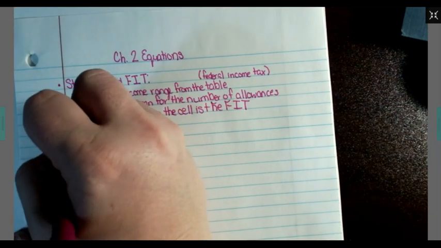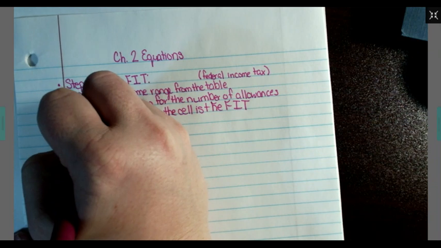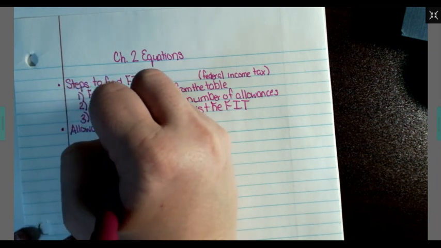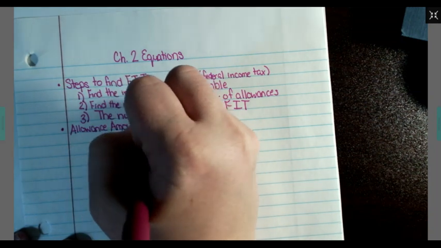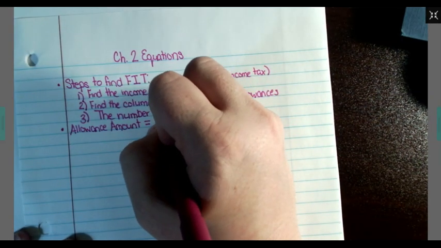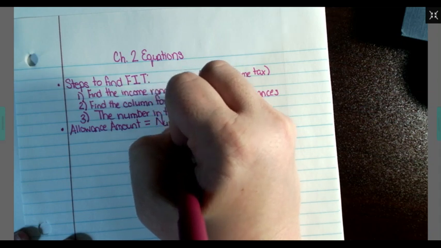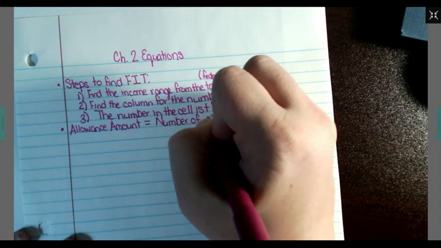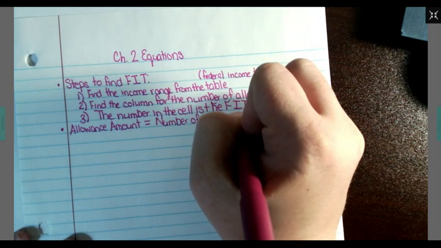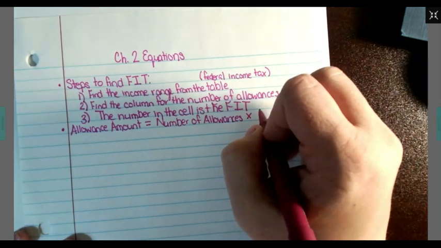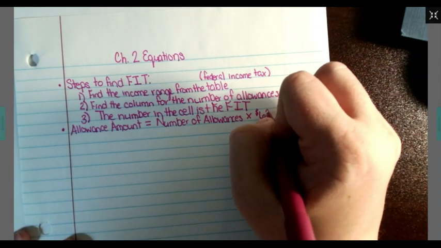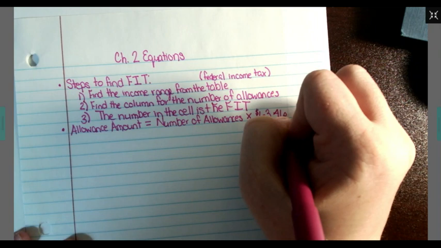Allowance amount equals the number of allowances times $63.46.